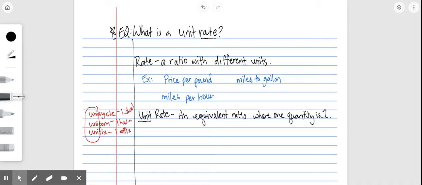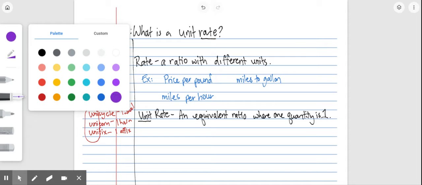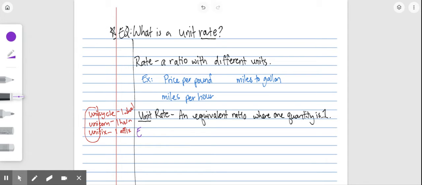So, for example, I go to a pizza place and I pay $50 for 2 pizzas. This ratio is 50 to 2, right? That's my ratio, $50 for 2 pizzas. An equivalent ratio where one quantity is 1.